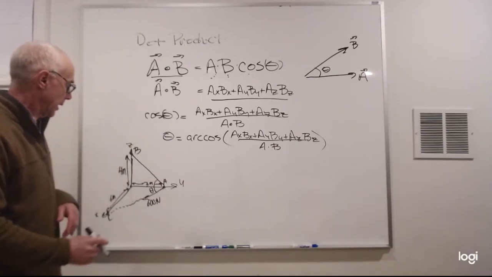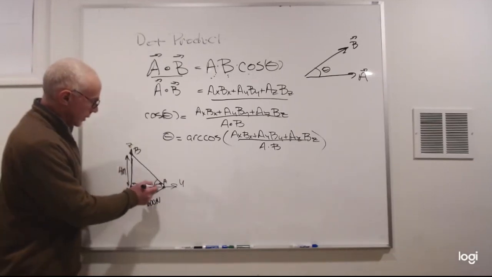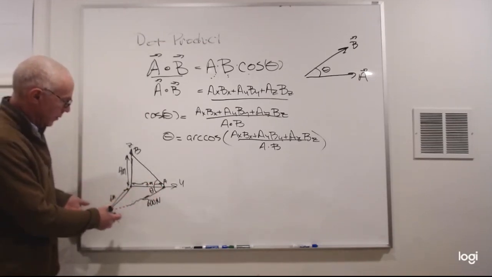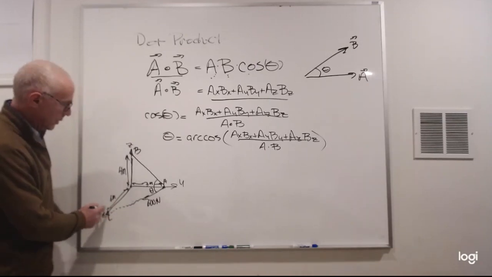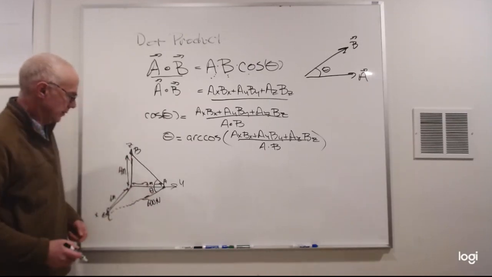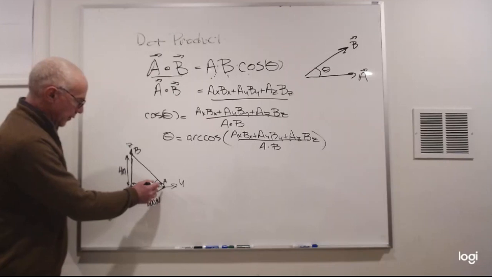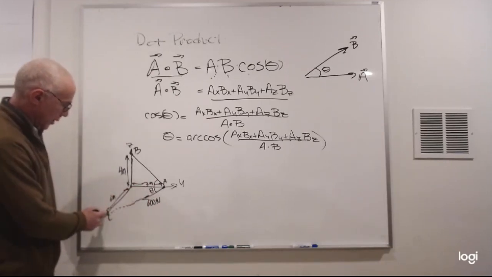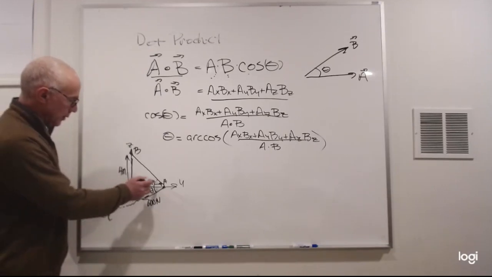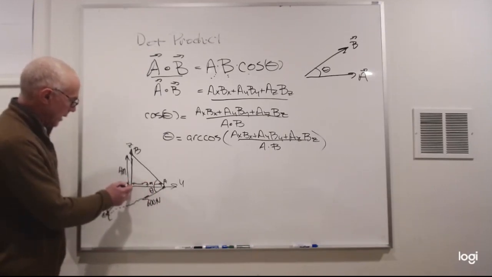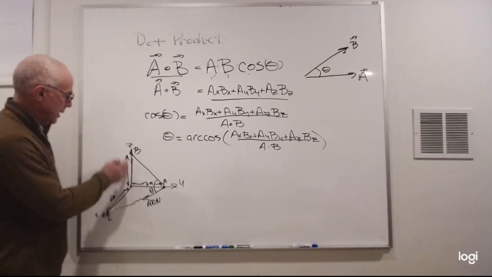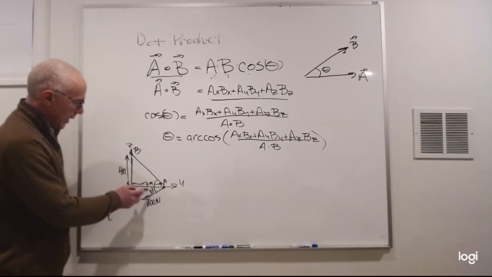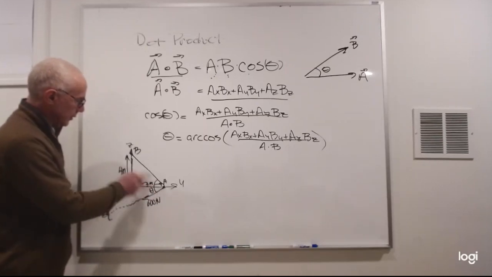Here's a 3D case where we have points C, A, and B, and we have a force vector pointing from A to C. You can see the coordinates: 4 meters along the x-axis, 3 meters along the y-axis, and 4 meters along the z-axis to the B. So we want to find the angle theta between this vector and that vector.